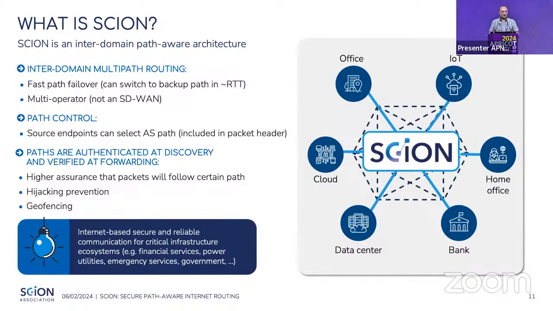It's possible to switch to backup paths very quickly. But the real advantage is with path control, so source endpoints can select AS paths and choose their paths across the internet. So this provides higher assurance that the packets will follow certain paths. It provides assurances against hijacking, and it also allows for geofencing as well.